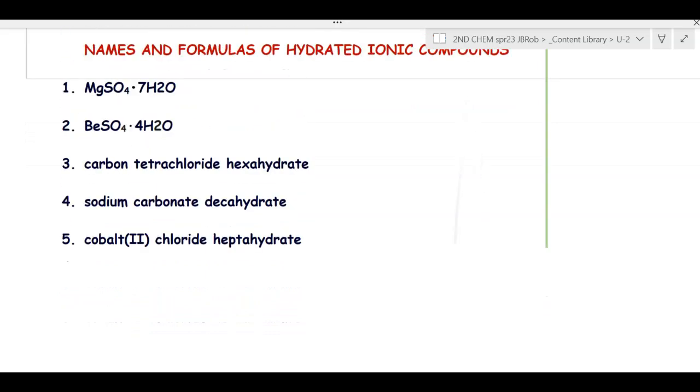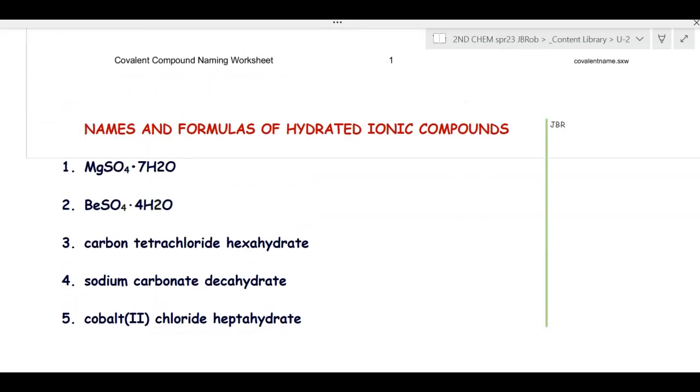Now, in addition, I want us to talk about some things that we're going to do an experiment about, a hydrate. So I want to explain what they are. They're compounds that actually suck water out of the air. So when magnesium sulfate sucks water out of the air, it happens to suck 7 of them out for every 1 compound particle. So this would be the name you would suspect, magnesium, SO4 is sulfate, correct?